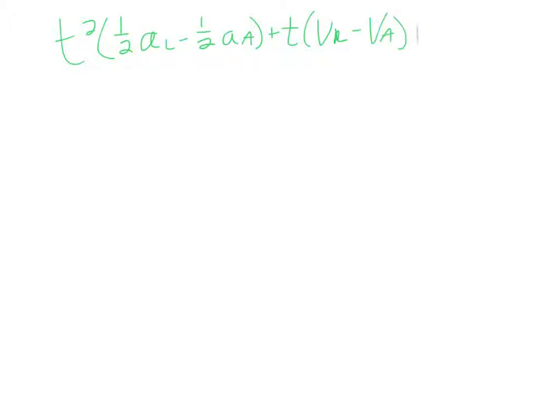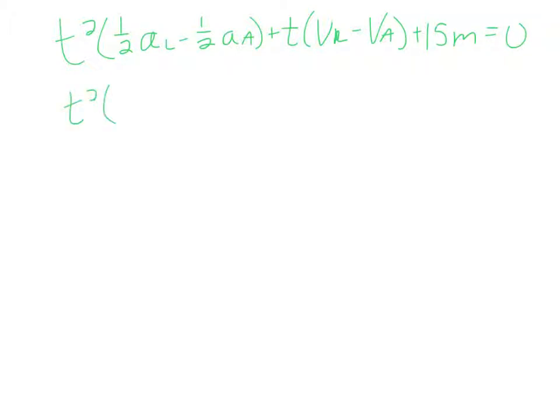Okay. And now let's factor out what's in common. So T squared times 1/2 A_L minus 1/2 A_A, plus T times V_L minus V_A, plus 15 meters equals 0.